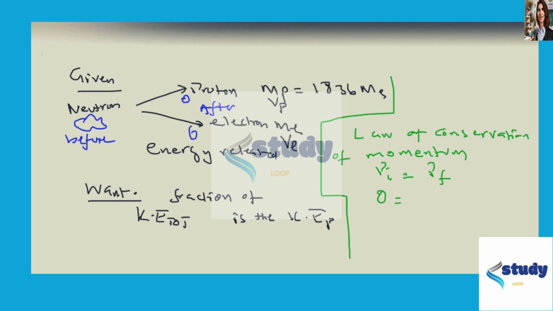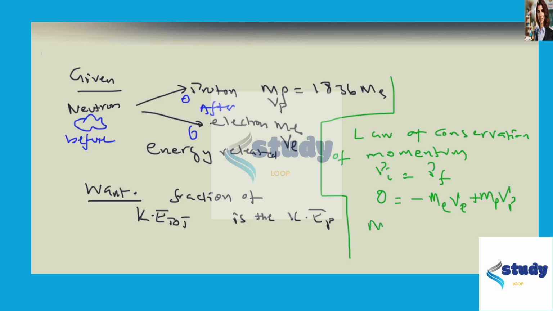Remember, the electron is negative, so we'll have zero equals the mass of the electron times its velocity, but the momentum of the electron is negative, and the momentum of the proton is positive. Remember, the electron has negative charge and the proton has positive charge.